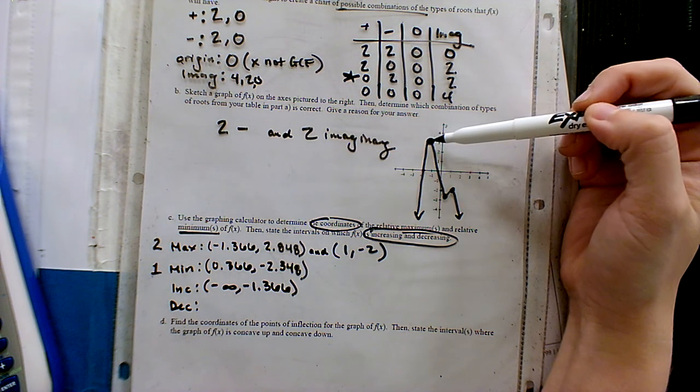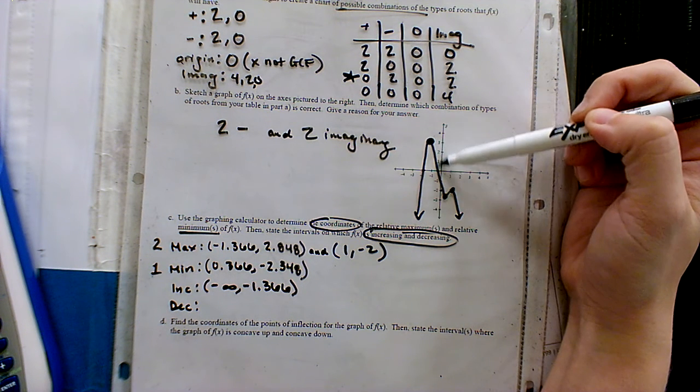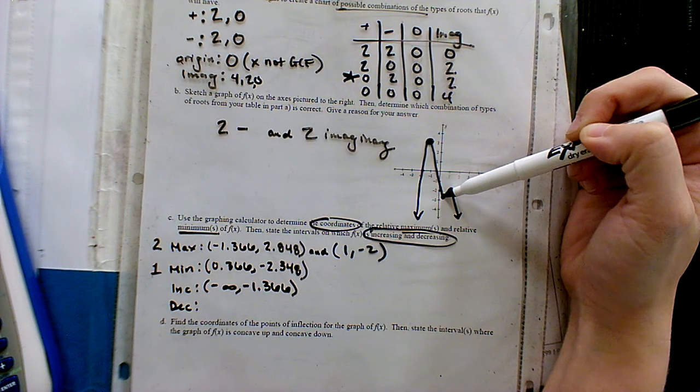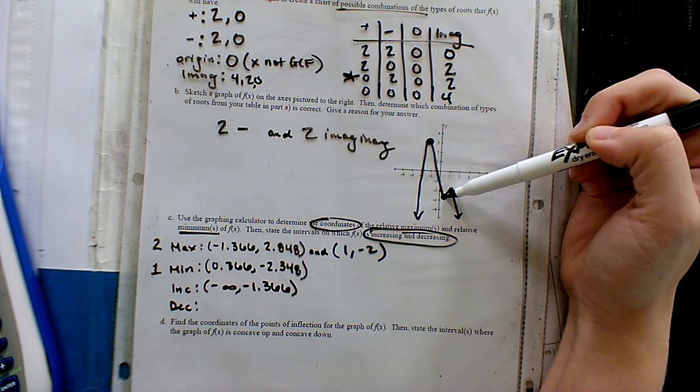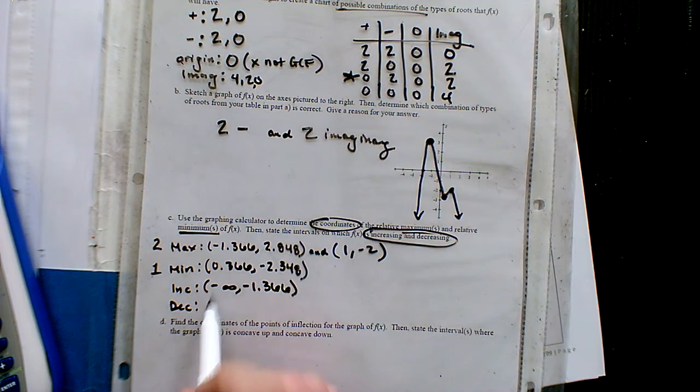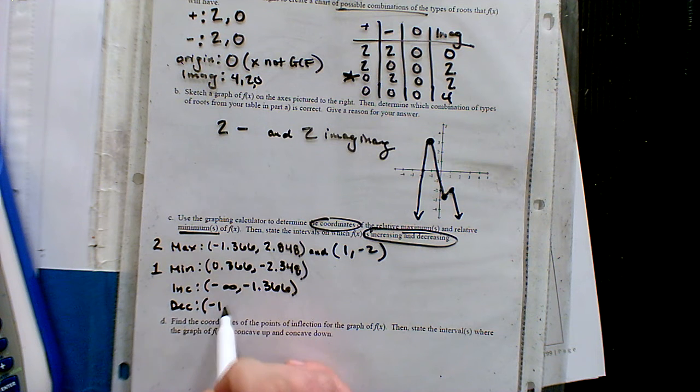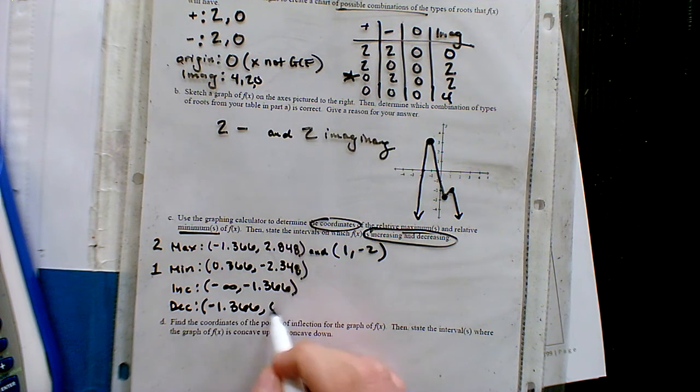If we continue to trace, we would be decreasing from the first max to the next minimum. So we're going to start at negative 1.366, and we have to stop at the minimum, that had an x-coordinate of 0.366.